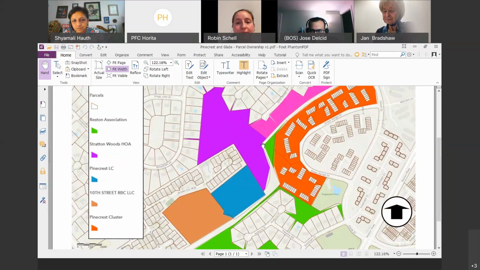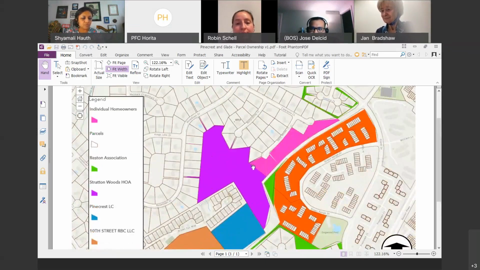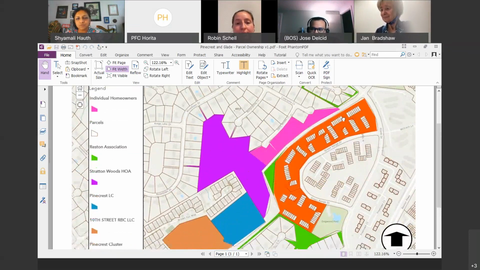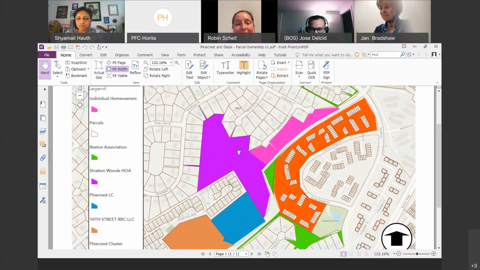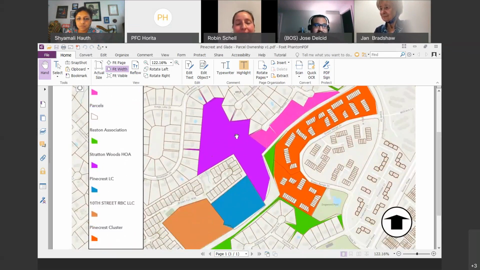Anything that may impact here, we definitely want to get the HOA on board, because we don't want to do something that impacts them, as well as individual homeowners that may have trees or shrubbery, or folks like me that spend a lot of time in my garden and don't want to lose my nice flowers. So that's this graphic in a nutshell. I can take some questions, but maybe Shamli, you can finish.